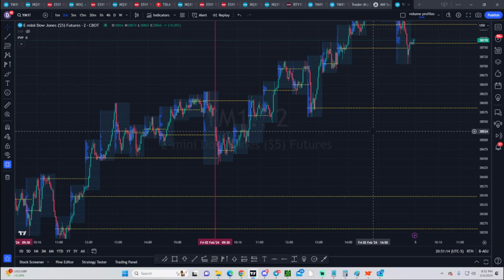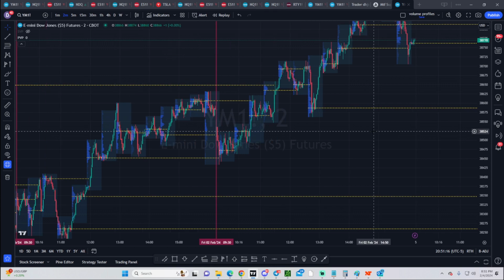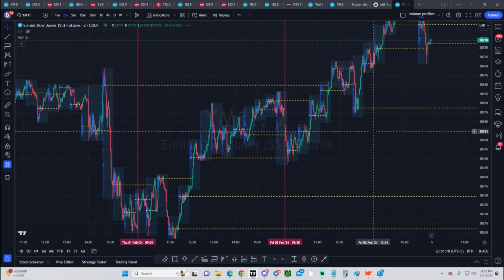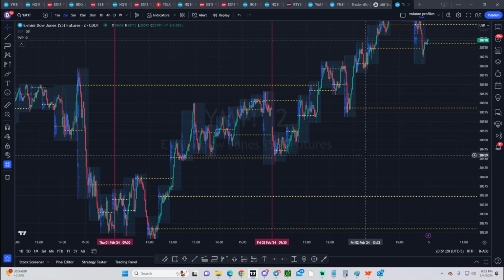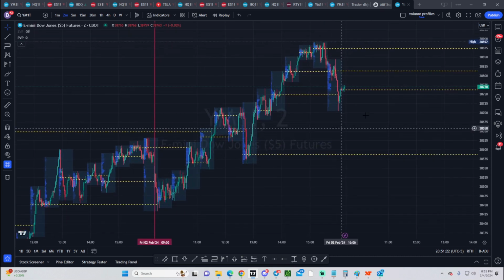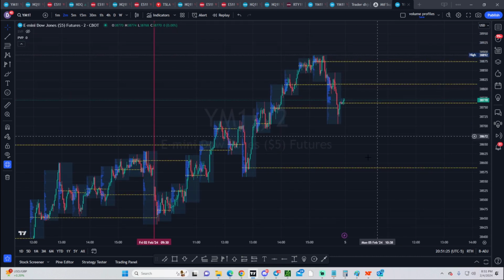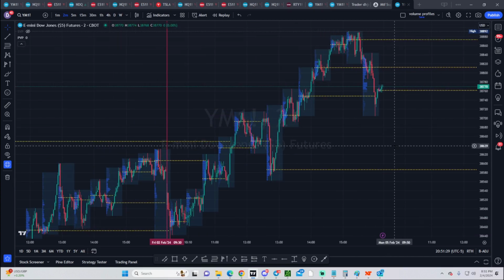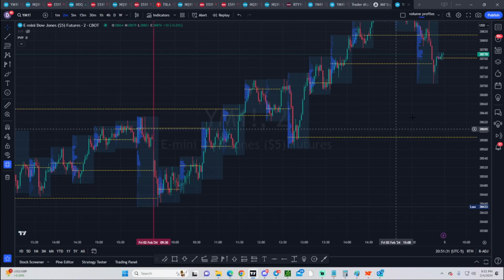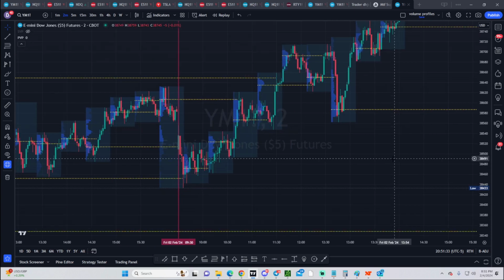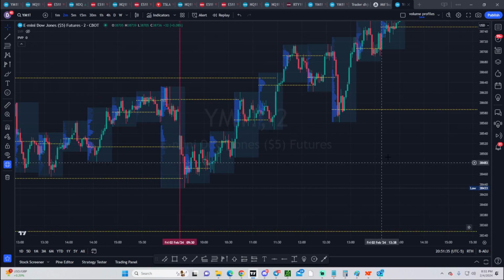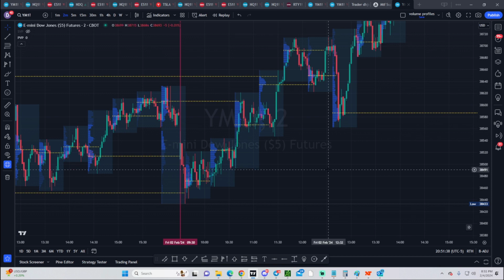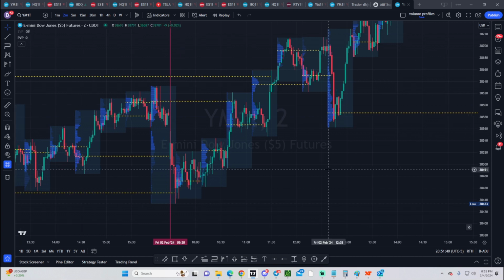The one thing I want to showcase is how important it is to pay attention to these 30 minute POCs, the point of control from each individual profile. As we are working on this particular strategy, the one thing that I want to continue to elaborate on is the fact that we are going to combine strategies into one.